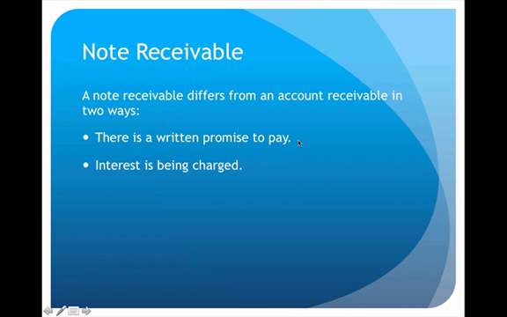In other words, there's some type of contract, some type of paperwork in existence that documents this receivable and serves as a written promise. And secondly, we are charging interest on this particular receivable. So if those two conditions are met, this should be recorded as a note receivable rather than an account receivable.